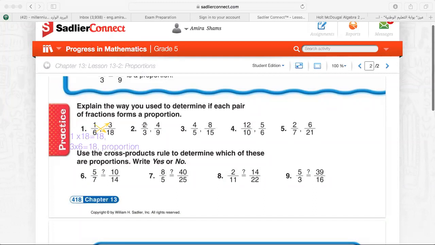So 2 over 9 and 3 over 4. 2 multiply 9 is 18, and 3 multiply 4 is 12. So 12 and 18 are not equal, so it is not a proportion.